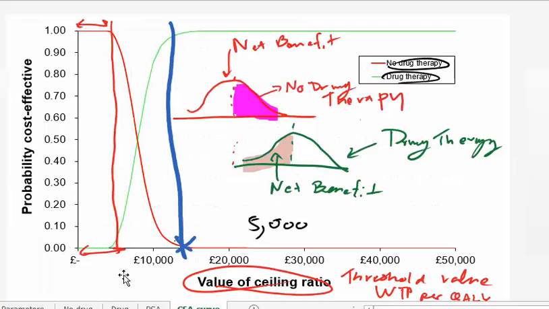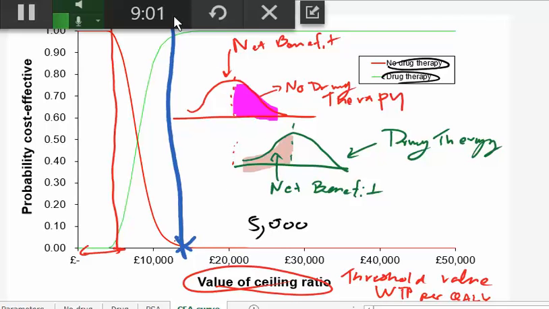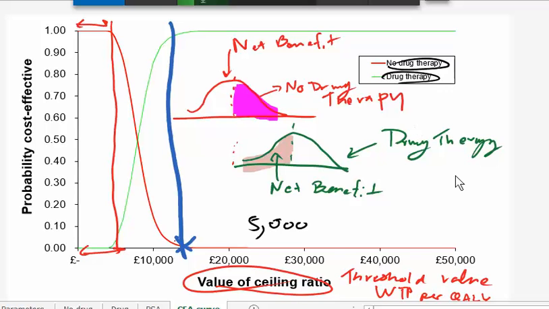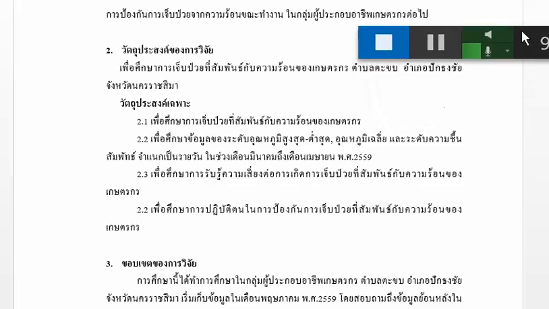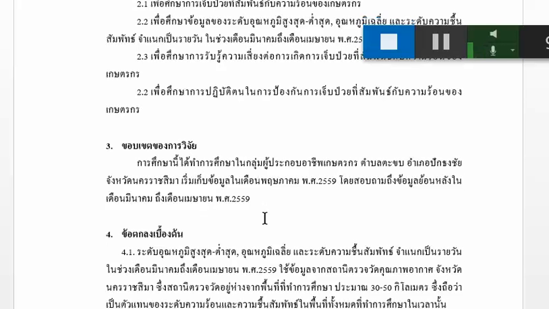So in the calculation of the cost, if you click on the formulas, you will see that it's the summation of the direct cost plus indirect cost plus the cost of the first drug plus the cost of the second drug. So this case is the case where we use the combination of the first and the second drug.